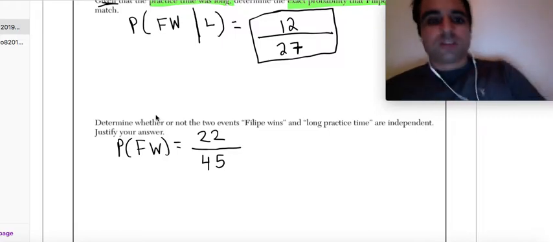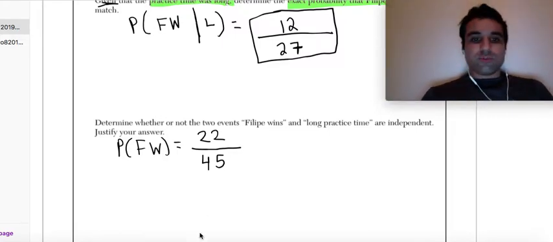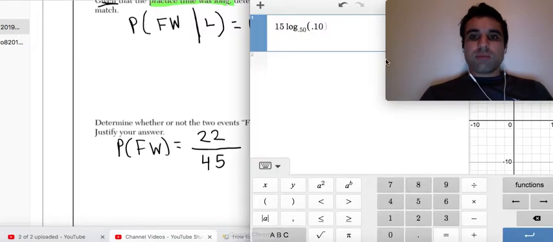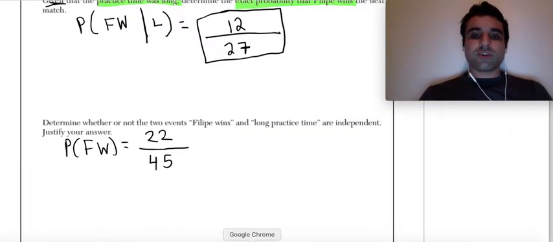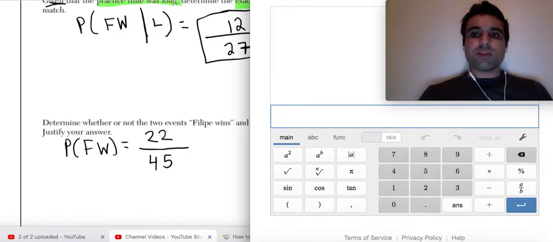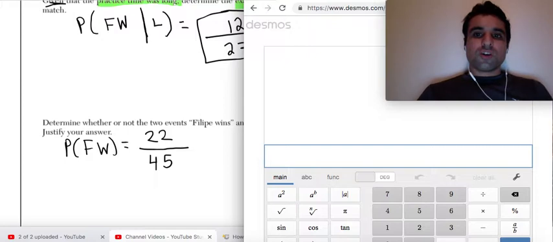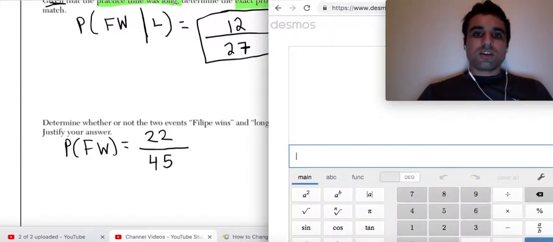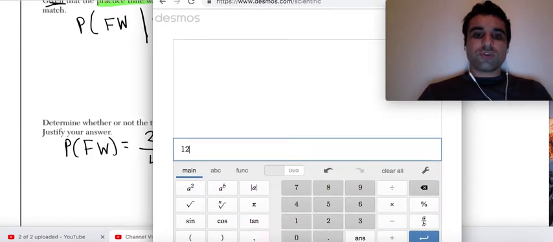I'm back. Okay, 22 out of 45. Now, here's what we're gonna do. I'm gonna find the probabilities as a decimal, just so I could compare them very quickly. I could have gotten the denominators to be the same, but why bother? So 12 out of 27 is the conditional probability, and the other one's 22 out of 45.